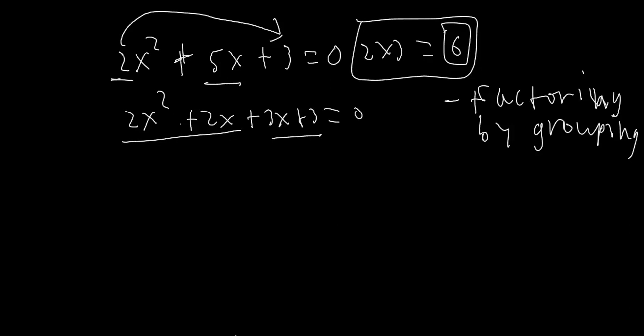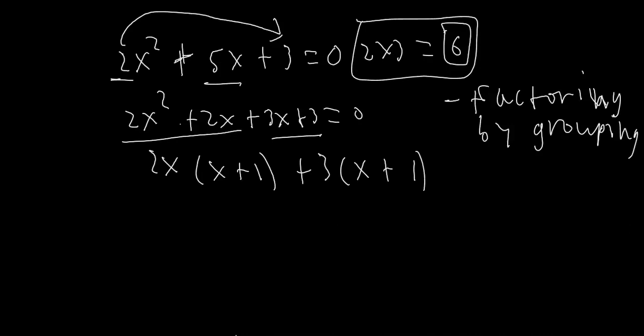Okay, so how do you factor 2x squared plus 2x? Well, you just have to pull out a 2x, and then you get 2x times x plus 1. How do you factor 3x plus 3? Well, you just have to factor a 3 out of there. You get 3 times x plus 1.